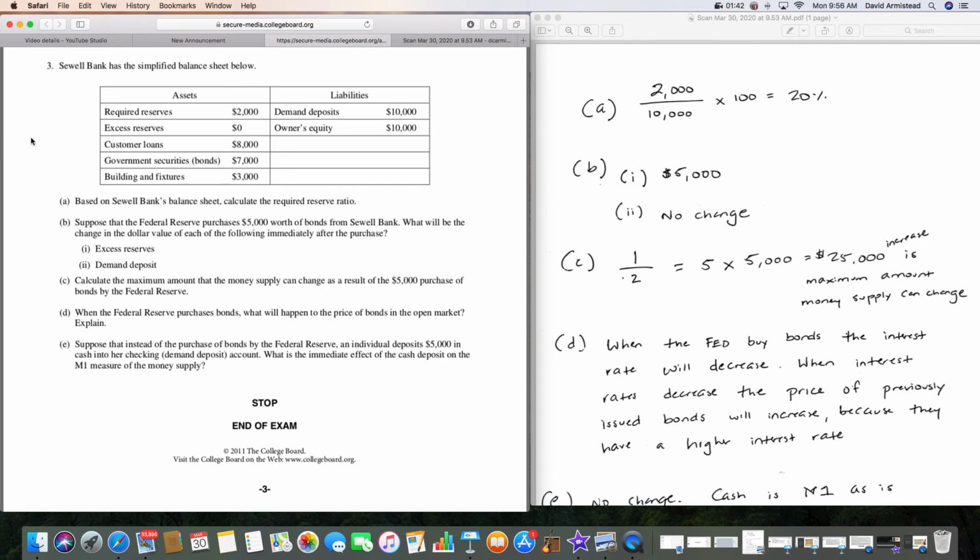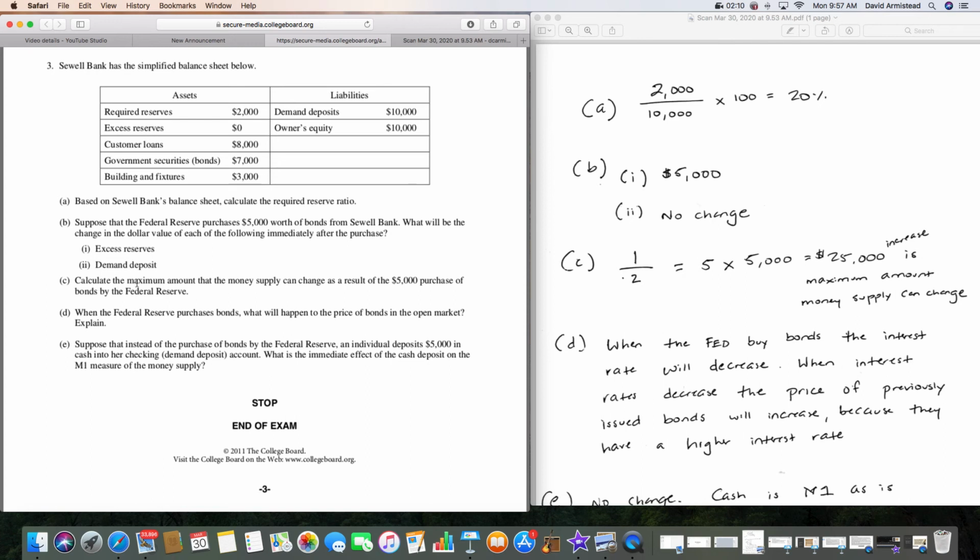What the Fed is going to give them is money, and that money for those bonds, that $5,000, is going to go into excess reserves. So your excess reserves becomes $5,000, okay? What's going to happen to demand deposits? Well, nothing in that transaction is going to impact demand deposits, so there's no change to your demand deposits, okay?